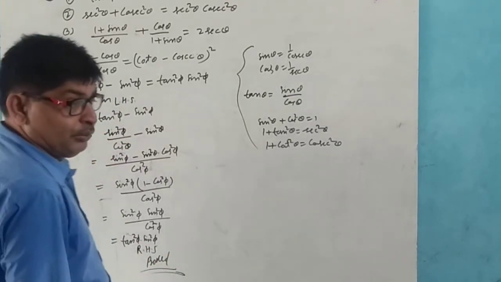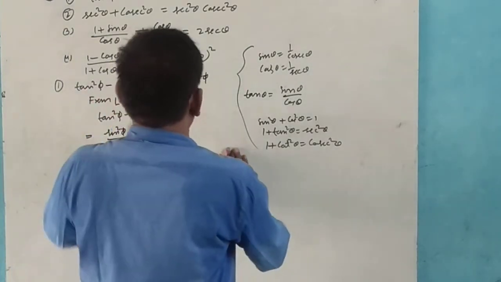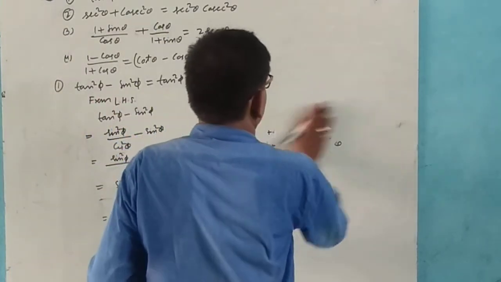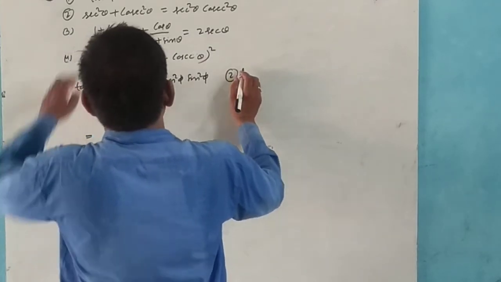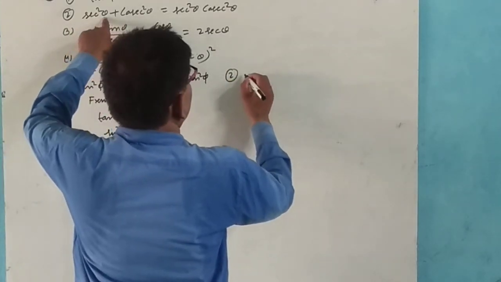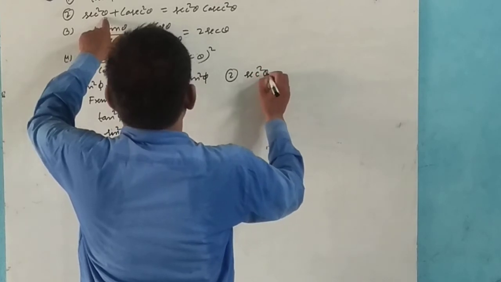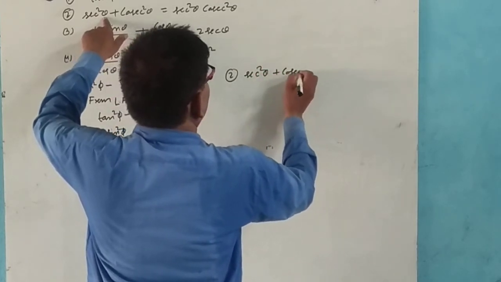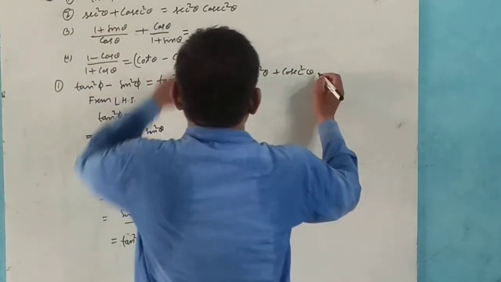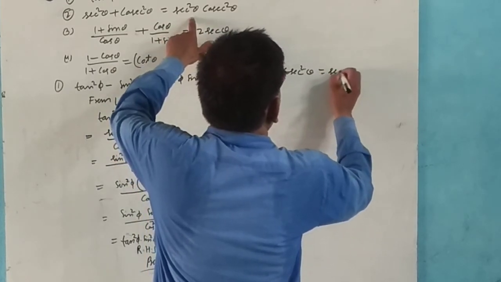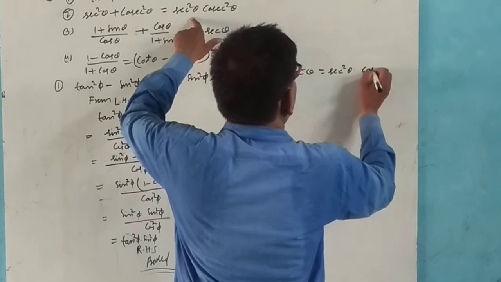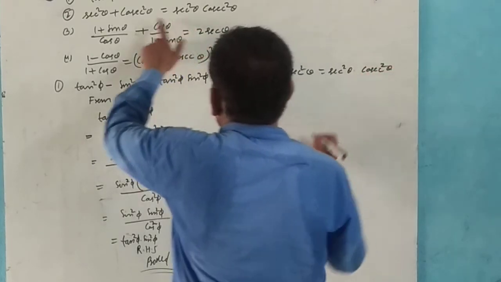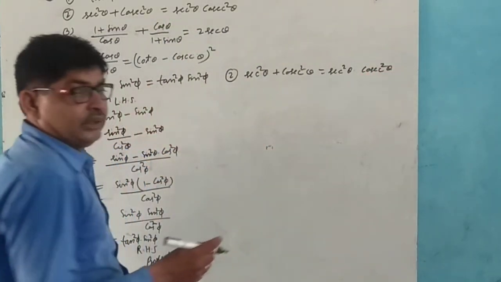Now, in a similar sense, the second problem: sec square theta plus cosec square theta equal to sec square theta into cosec square theta. We see this problem.